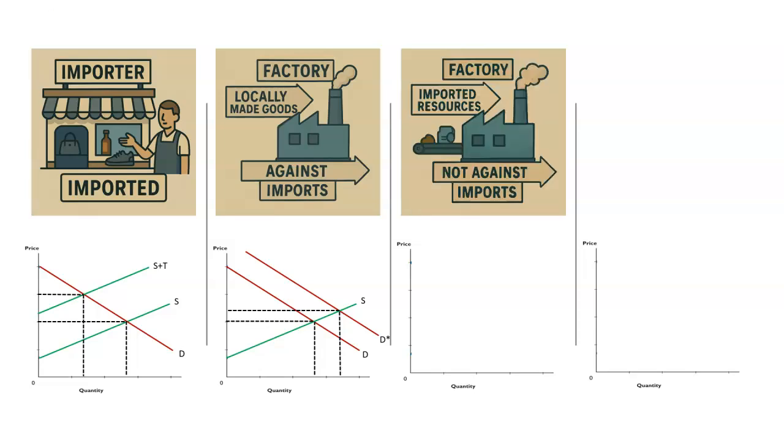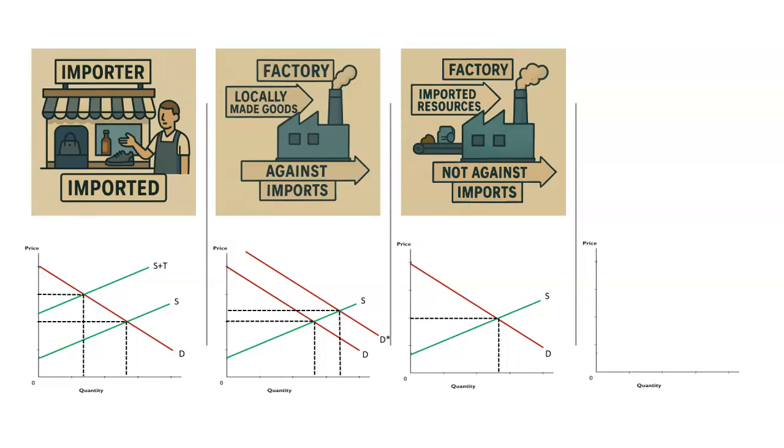Then we've got, let's say, a local US business which is producing goods, services that are not competing directly with imports, but nonetheless uses imported resources or imported inputs in its production process.